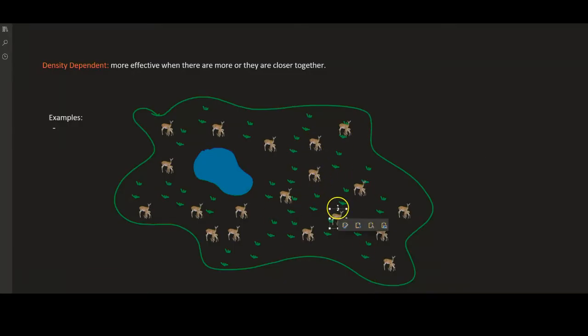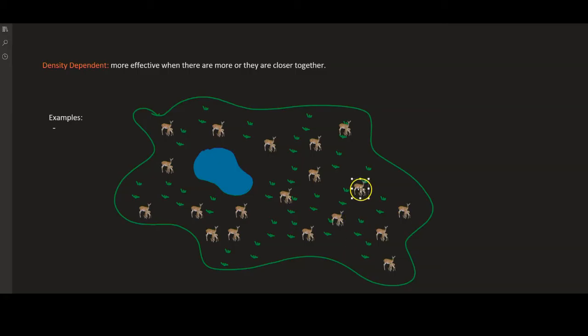Let's add some more. But the really big idea here is that when there are more of them, it's going to prevent more of them from surviving faster, meaning more of them will die faster than if there are fewer of them.